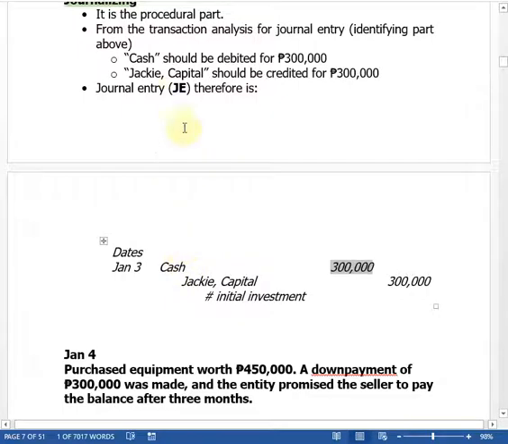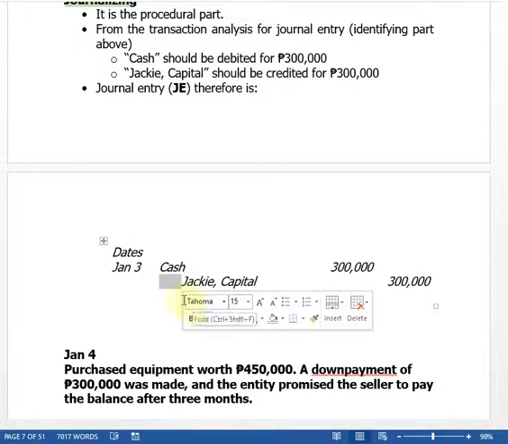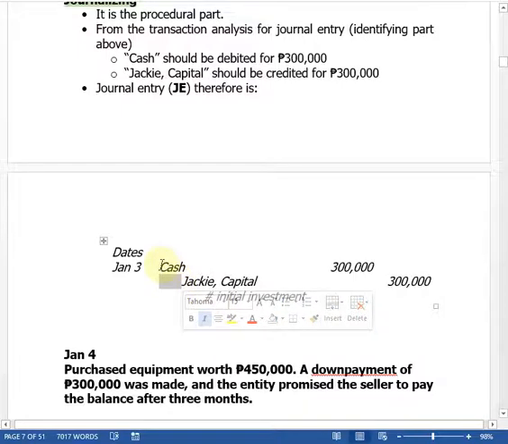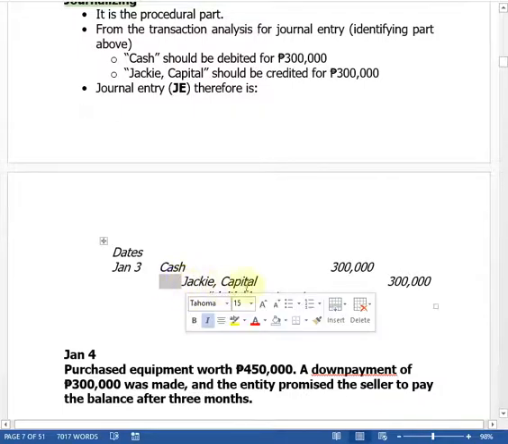Next part will be the credit, and the credit is Jackie capital. And you have to observe the rule here. When it comes to crediting an account, you should indent the account being credited. Indent it in a manner that it is really identifiable that there is an indentation from the debit side. So this is the debit side, and you have to make an indentation for the credit.